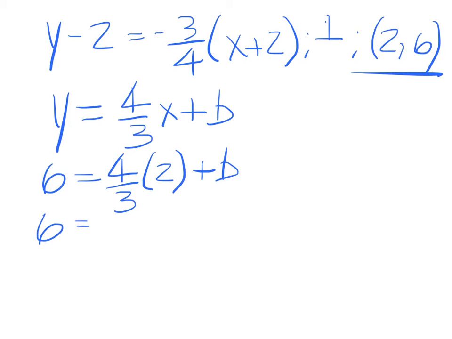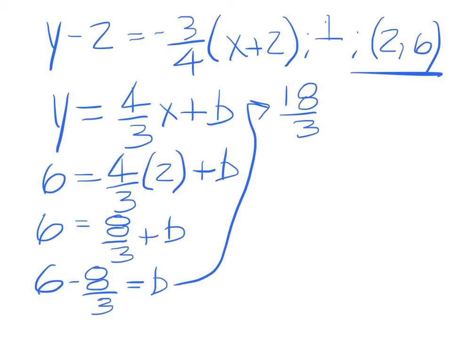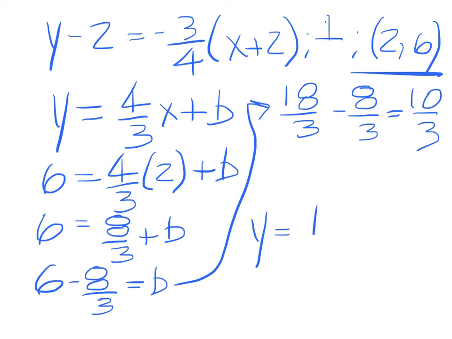Simplify to get 8 over 3 and move it to the left, making it minus. And then find a common denominator of 3. That will leave you with 10 over 3, so it should be y equals 4 over 3 x plus 10 over 3.